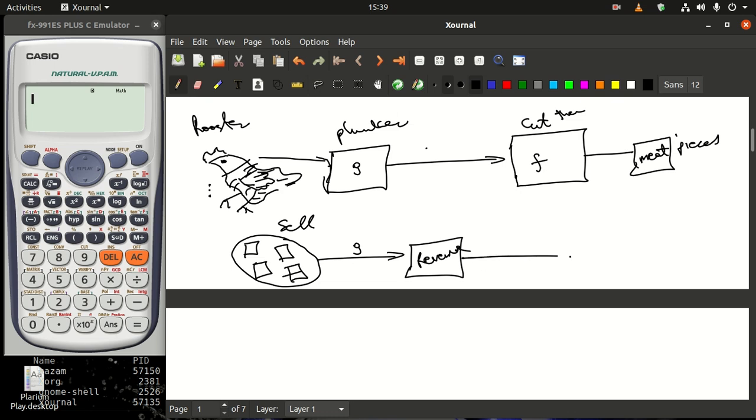And then what F will do is take the revenue after the products have been sold and subtract the costs. So this F takes that revenue and calculates the profit for you. That's how these composite functions work.